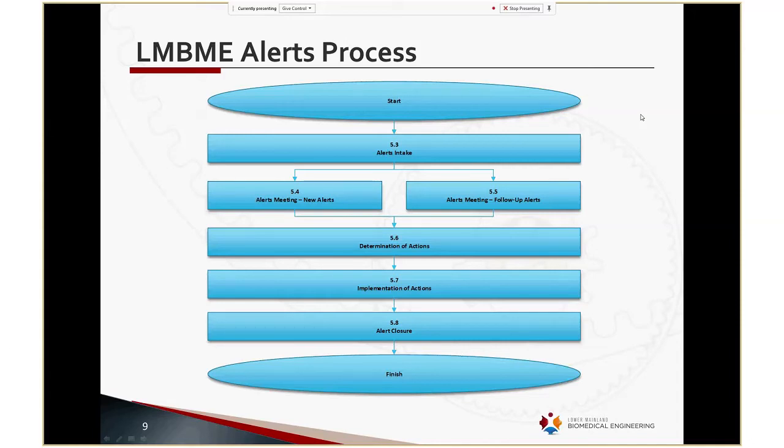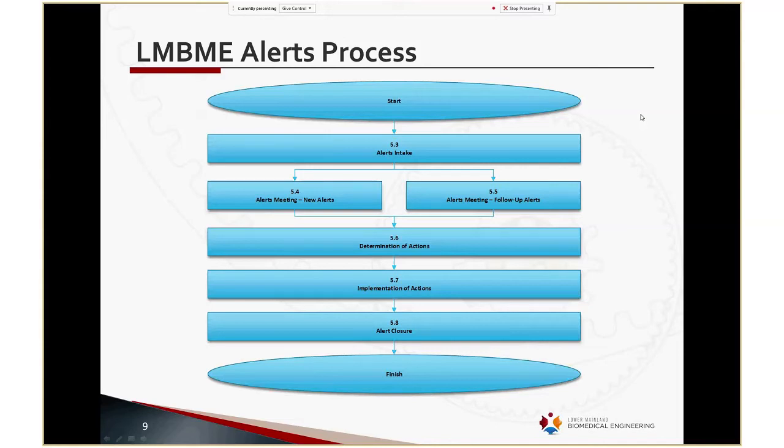Our Lower Mainland alerts process starts with alerts intake. That's how new alerts enter our process, primarily, again, driven by that PHSA Supply Chain action item list. Following that, we have an alerts meeting. That's a new meeting that's started up, which involves representation from every single team across the Lower Mainland.